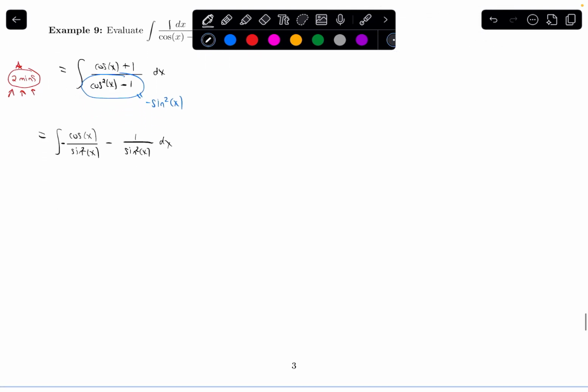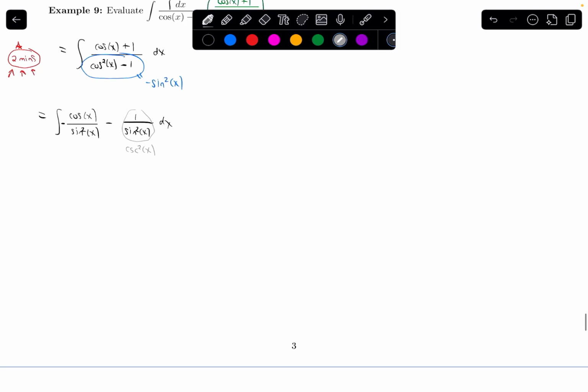Okay, so 1 over sine squared, that's just cosecant squared. And now I have these two different things. I have this fraction, and then I have a cosecant squared. Can I figure out the antiderivative of both of those?